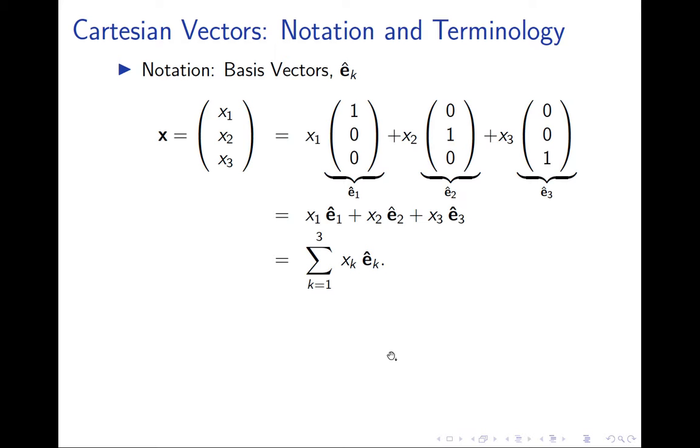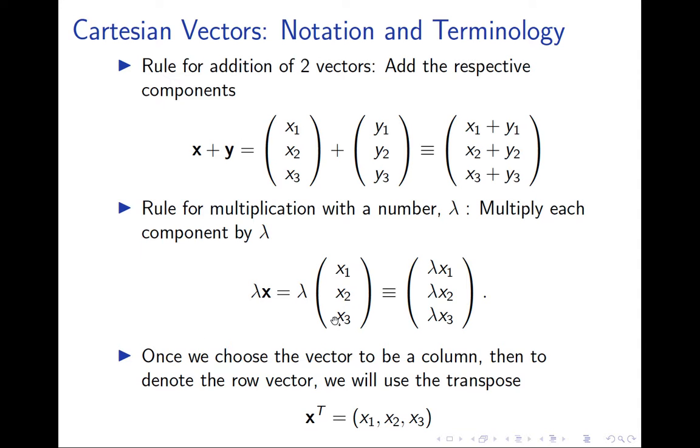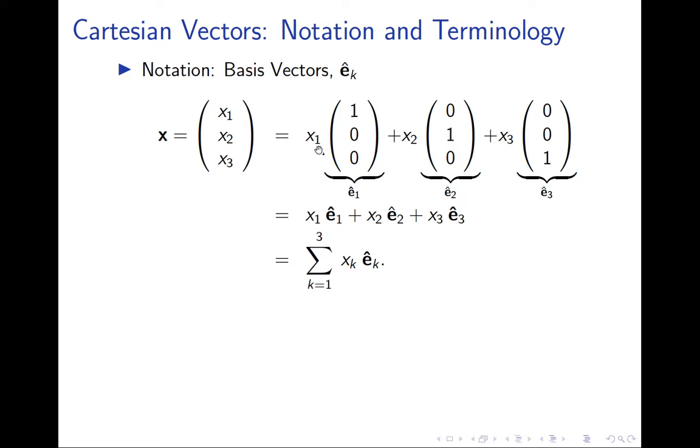We also introduce the notion of a basis. From what we learned about vector sum and vector multiplication, we can show that you can write x1, x2, x3 as the vector sum of three vectors: x1 times 1, 0, 0, plus x2 times 0, 1, 0, plus x3 times 0, 0, 1.